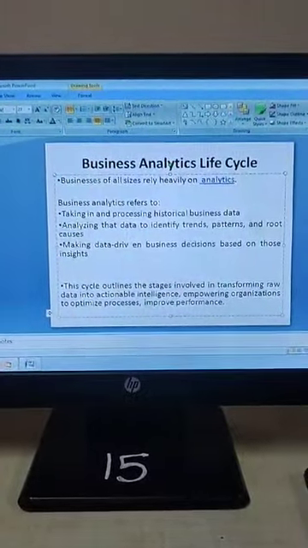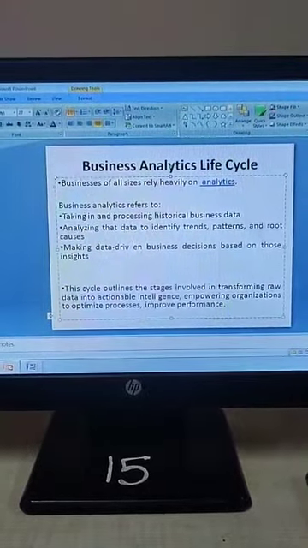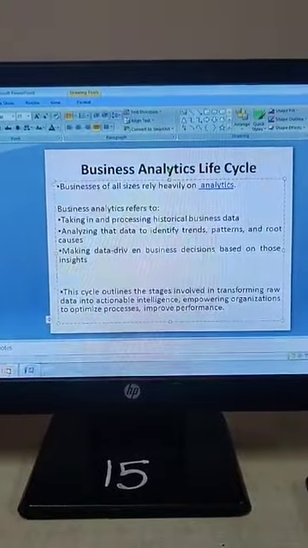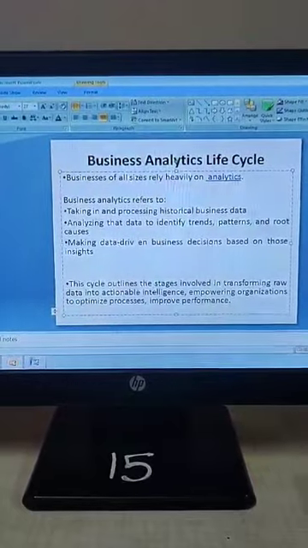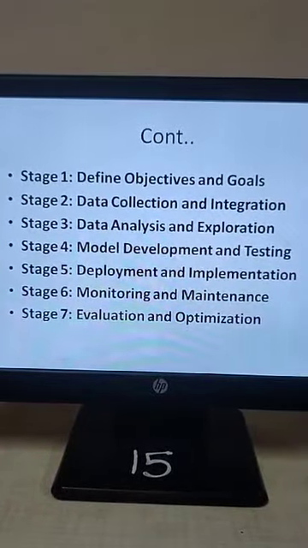These two components, first the binding of processed data, and next extracting the valuable insight, are encapsulated within the business analytics life cycle framework. So these are the 7 phases.